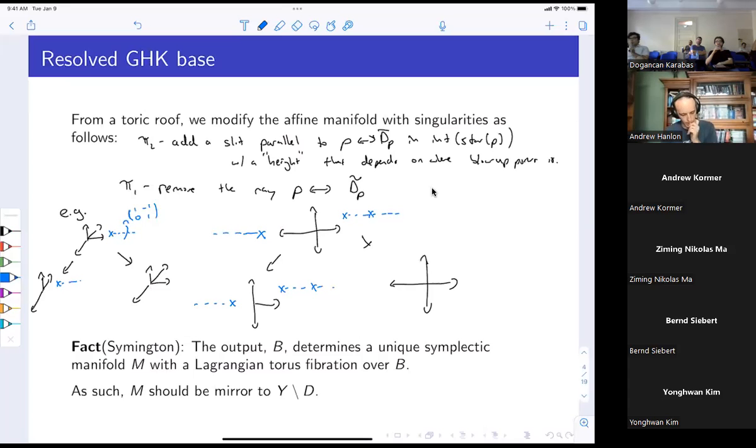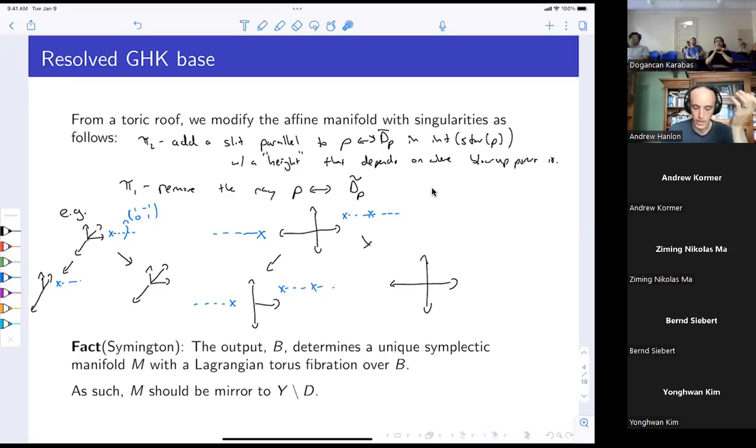Okay, and the fact of Symington, which has been known to experts for a while and used by Hacking and Keating, for instance, is that the output of this procedure, so even from the pi2 procedure, which I'll call B, determines a unique symplectic manifold that has a Lagrangian torus fibration over this B with singular fibers sitting above the singular points.